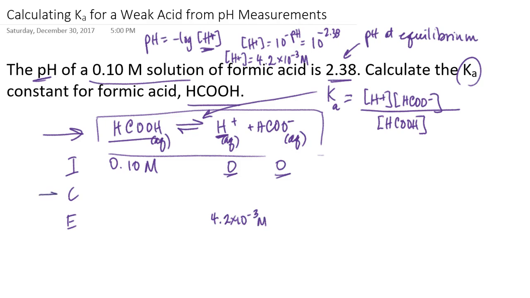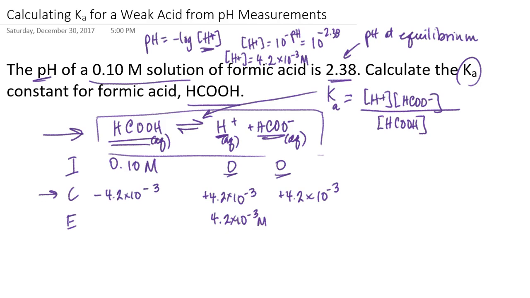So that means that my change for the hydrogen ion concentration had to have been plus 4.2 times 10 to the negative third. And since the stoichiometry of the reaction is 1-to-1 across the board, then that means that the change for the formate ion also had to have been plus 4.2 times 10 to the negative third. The change for the formic acid, however, is negative 4.2 times 10 to the negative third.